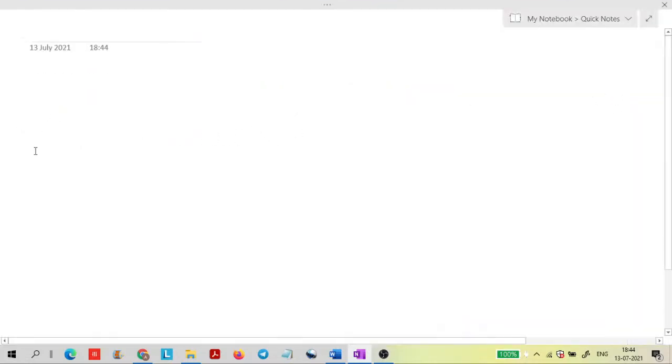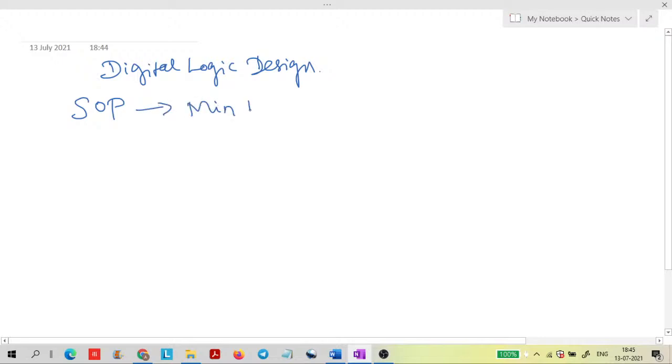Okay, so here I will review some of the terms that we discussed. In digital logic design, the sum of product terms, which we also call min terms, and the product of sum, also called max terms.